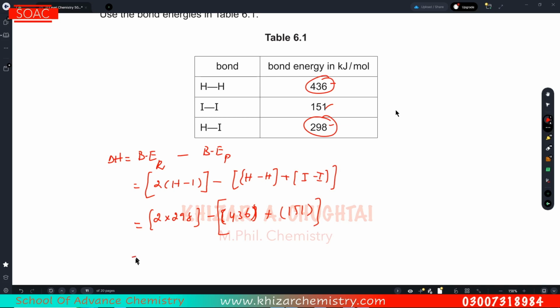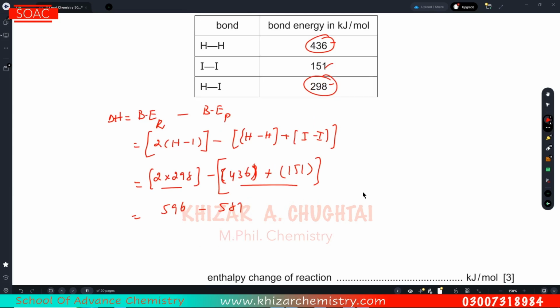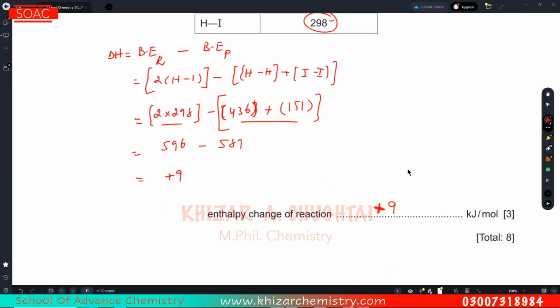So that is equal to 596 minus this sum, which is 587, and the overall final answer is equal to plus 9. It is necessary to show the sign: plus 9 kilojoules per mole.